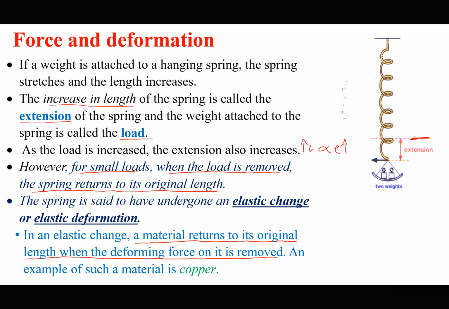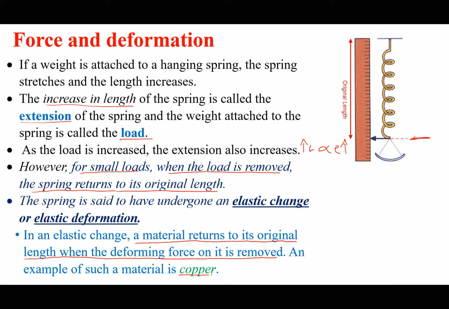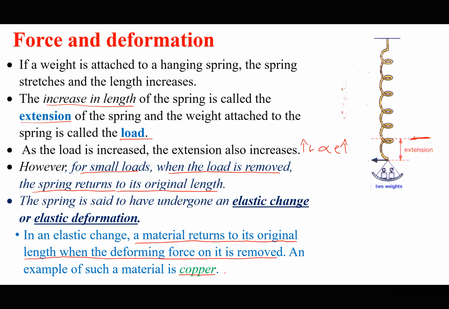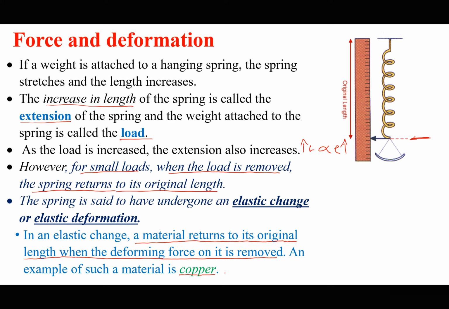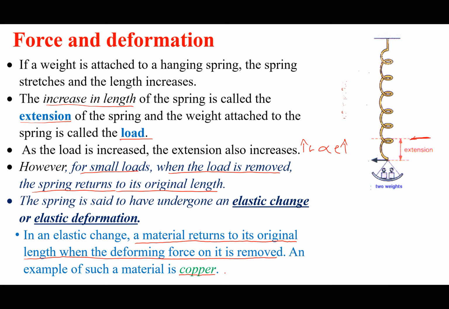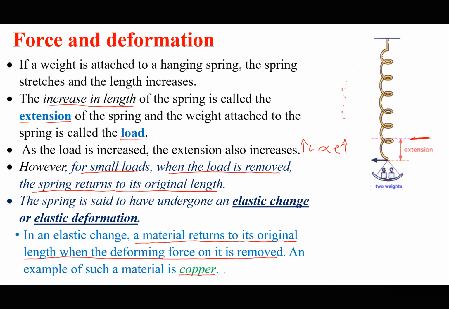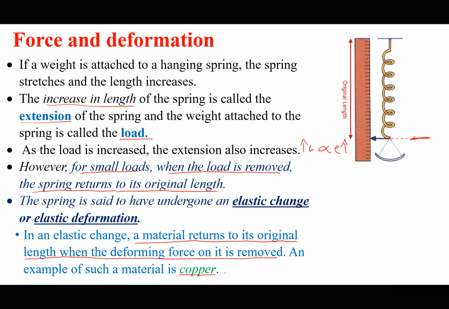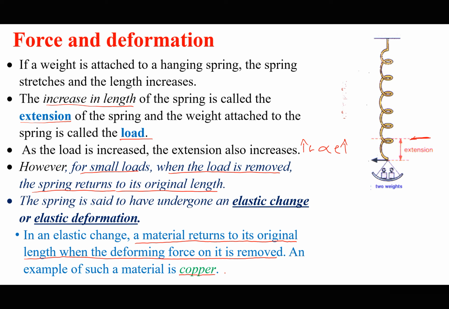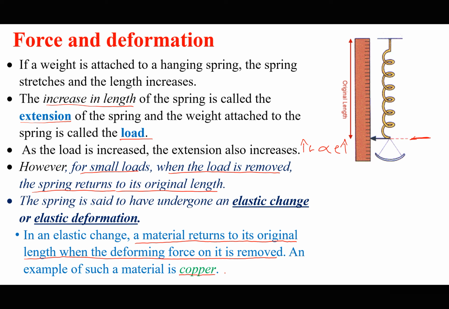A good example is going to be copper. Most of the electrical wires at home, I think, are made out of copper. Most of the springs in the laboratory are made out of copper. So when the deforming force is removed, the material returns to its original length, but this is only possible if the loads that were used were relatively smaller.